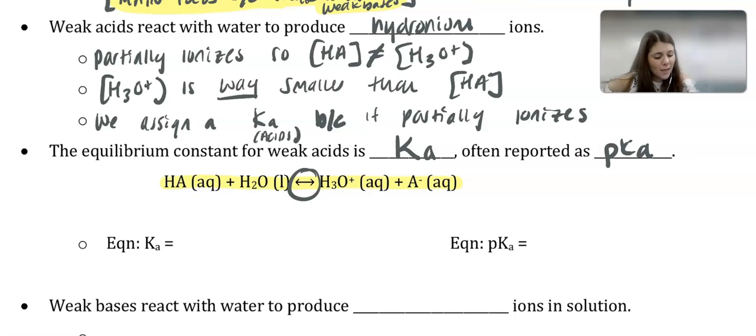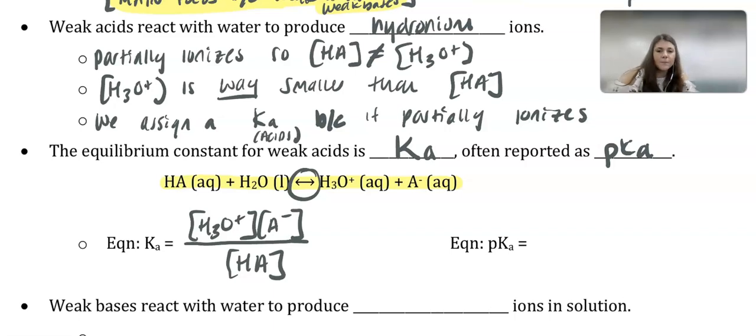To write the Ka expression, we'll take hydronium multiplied by the conjugate base all over HA. To get a pKa, it is the negative log of Ka, all right? And again, when we use this P, this power of Ka, it's just a shortened version because we're going to get into some big Kas.